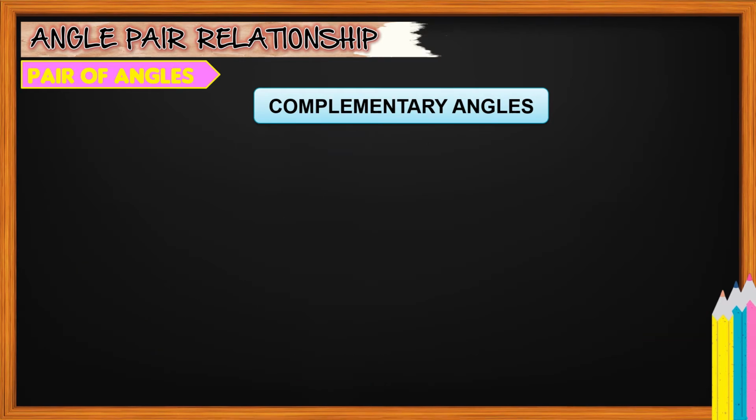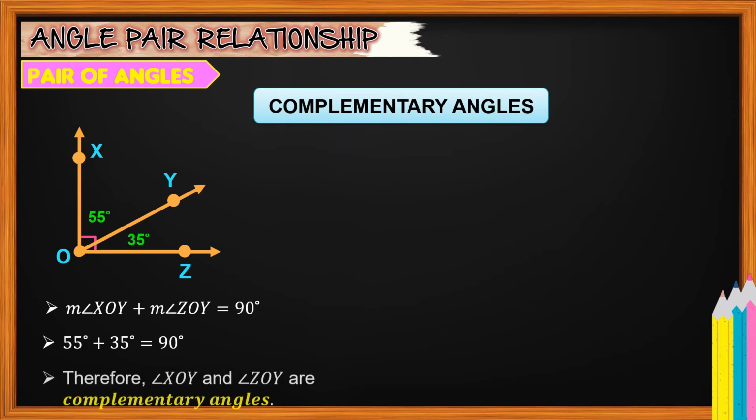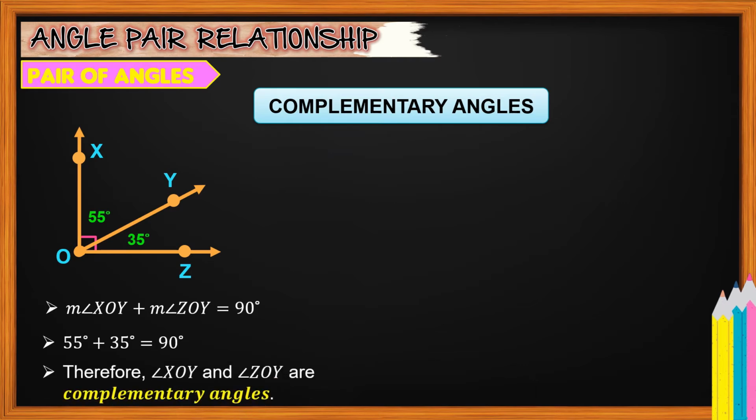Now let's have more examples. In the given figure, the measure of angle XOY plus the measure of angle ZOY is equal to 90 degrees. If we substitute the given values, we have 55 degrees plus 35 degrees is equal to 90 degrees. Therefore, we can say that angle XOY and angle ZOY are complementary angles.